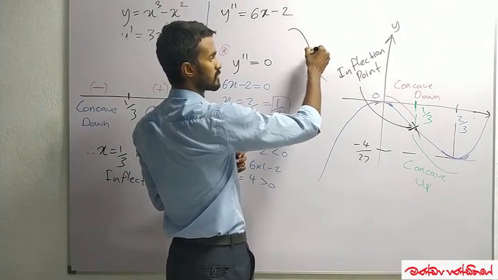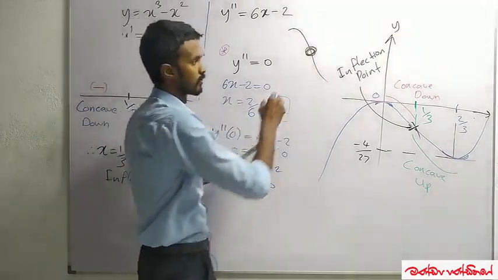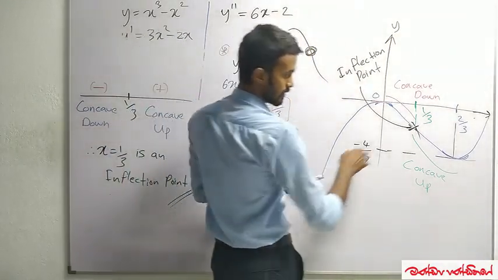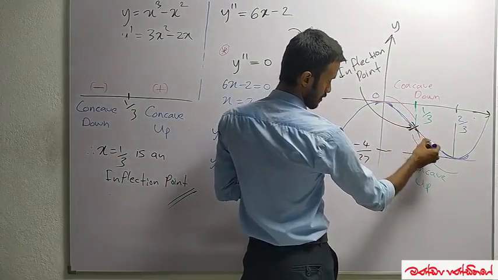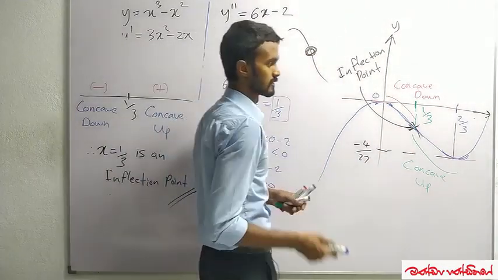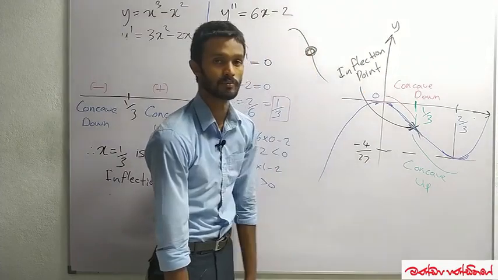We can't find any defect or deformation at the inflection point. It just continues. The graph just continues. But I know that the concavity has changed, from concave down to concave up, which means this is an inflection point.